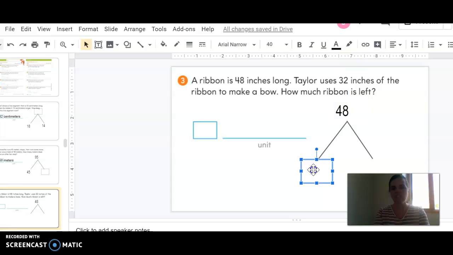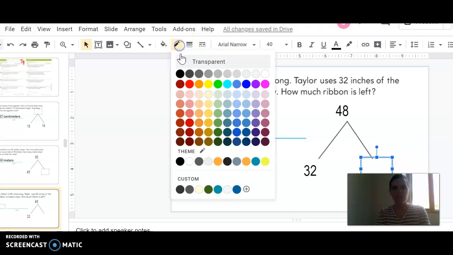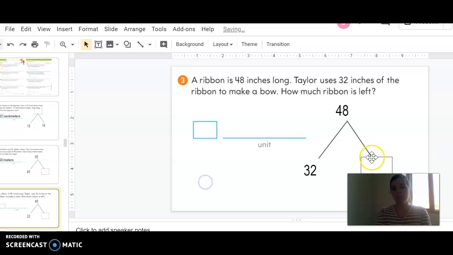How many inches does Taylor use? Yep, 32. And then our unknown is how much ribbon he then has left. We don't know. How can we solve it? We can do 48 minus 32, or we can do 32 plus what equals 48.